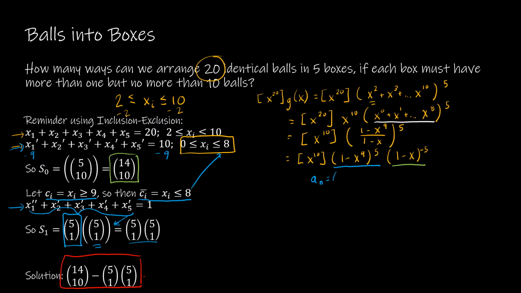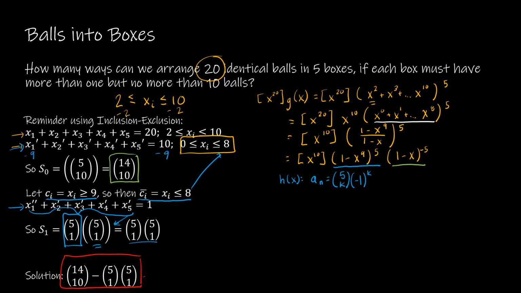Well, a sub n is going to be 5 choose k, and then negative 1 to the k, because we have negative x here, so negative 1 to the k. Then I have for my other function, and we're going to call the blue one h of x.